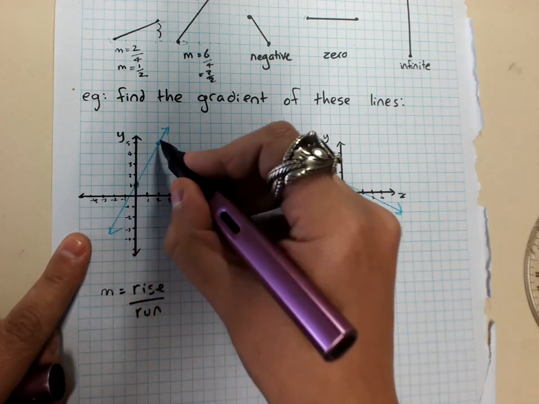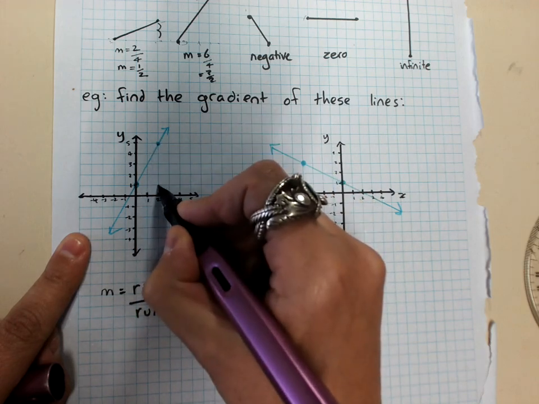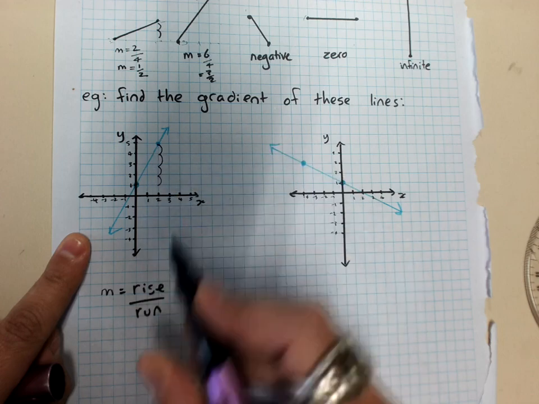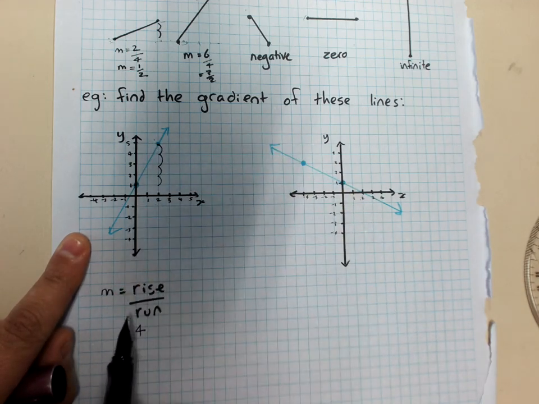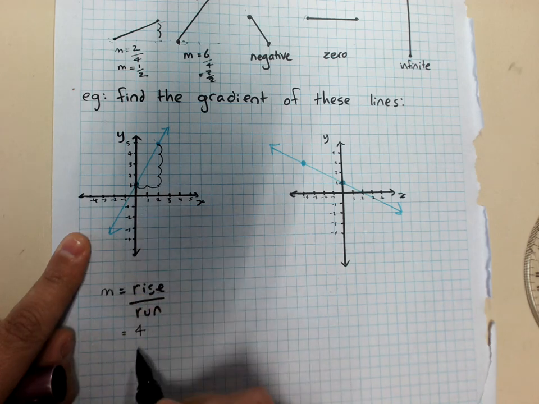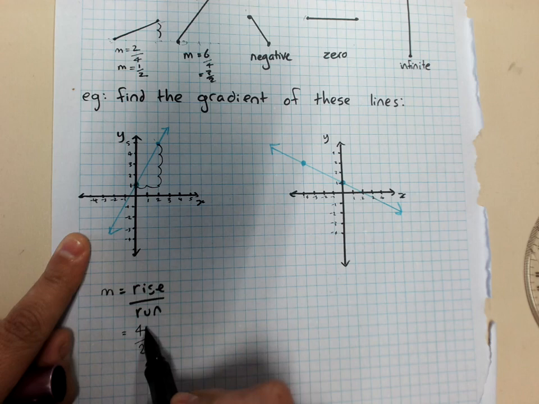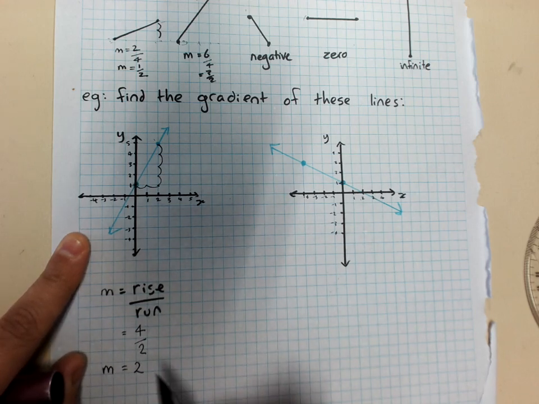From this point to that point, how far did it go directly up? 1, 2, 3, 4. A rise of 4. How far did it go directly across? 1, 2. A run of 2, and 4 divided by 2 means we've got a gradient of 2.